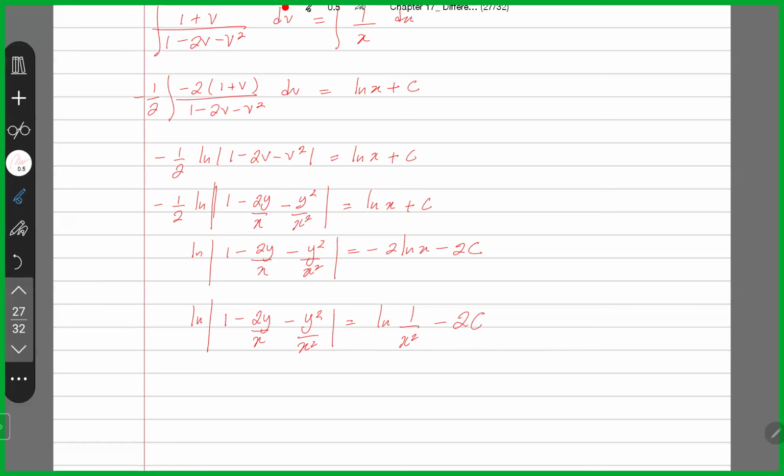Let's differentiate. dx by du would be equal to e to the u, and dy by dx would be equal to dy by du times du by dx.